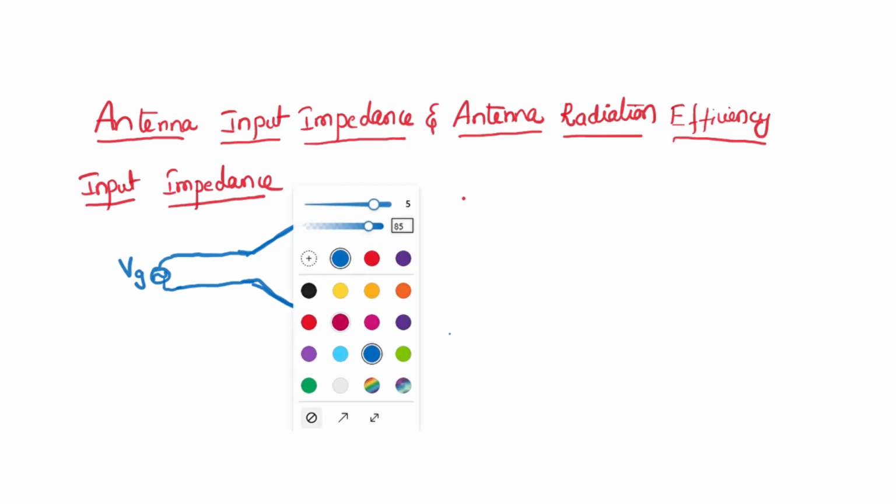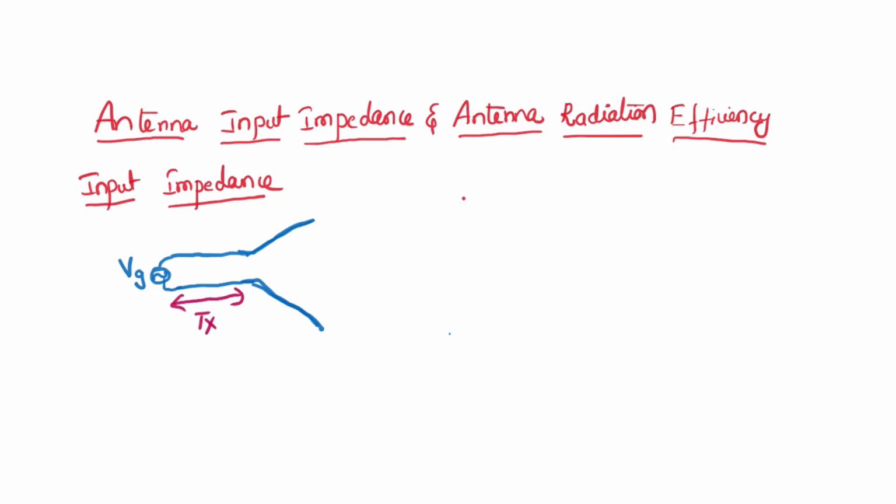This is the transmission line part, this part up to this part is the transmission line. From this to this, it is the antenna.